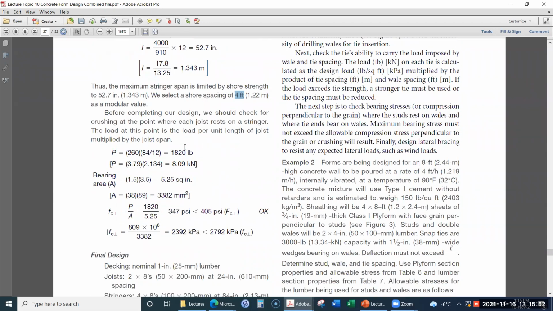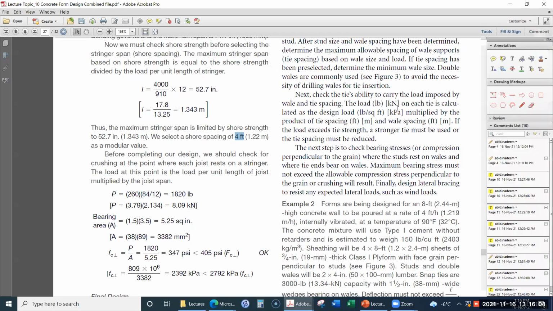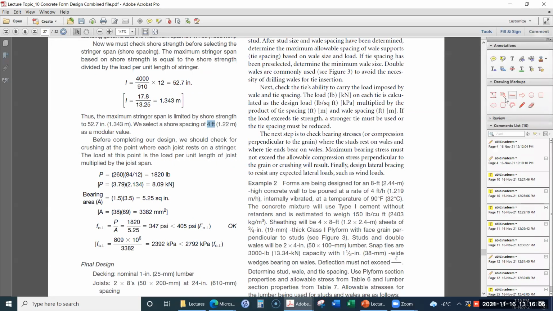And then as a final check, we will calculate the punching shear stress as well. If this is the joist and this is the stringer, the joist will be supported on the stringer.